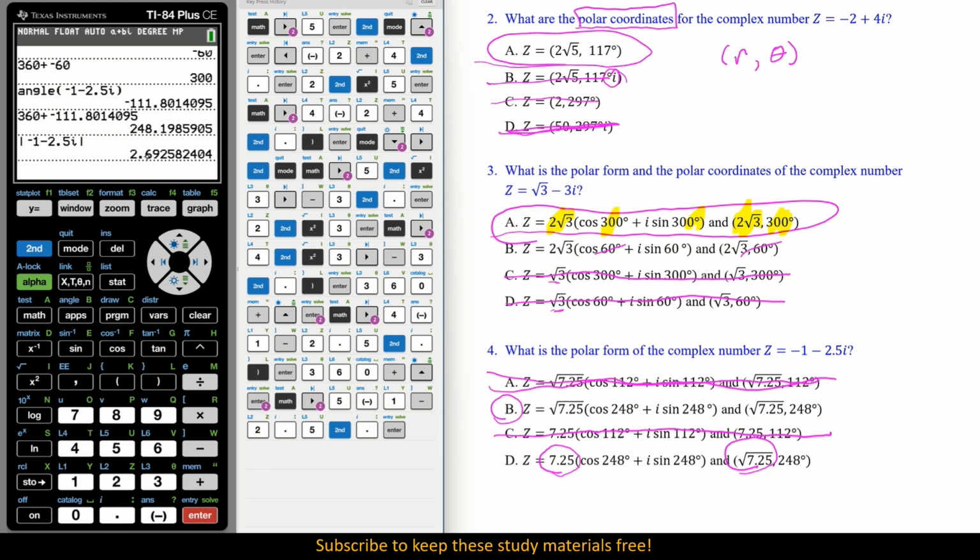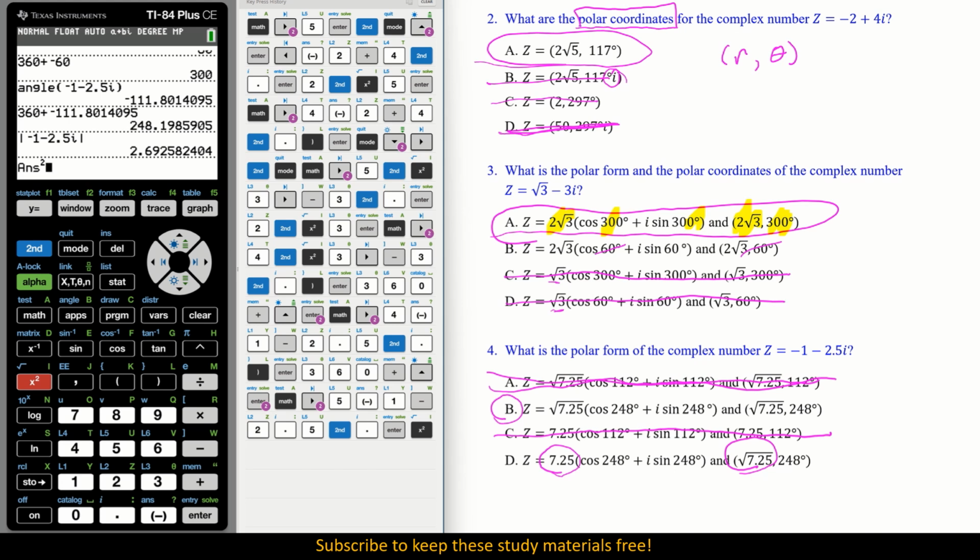I bet if we square our answer, if we just push square and push enter, oh, look at there, 725. So it's the square root of 725. So we are correct. That is our option. They just wrote it in a different form. They could have said 2.7 quite easily, but they chose not to.